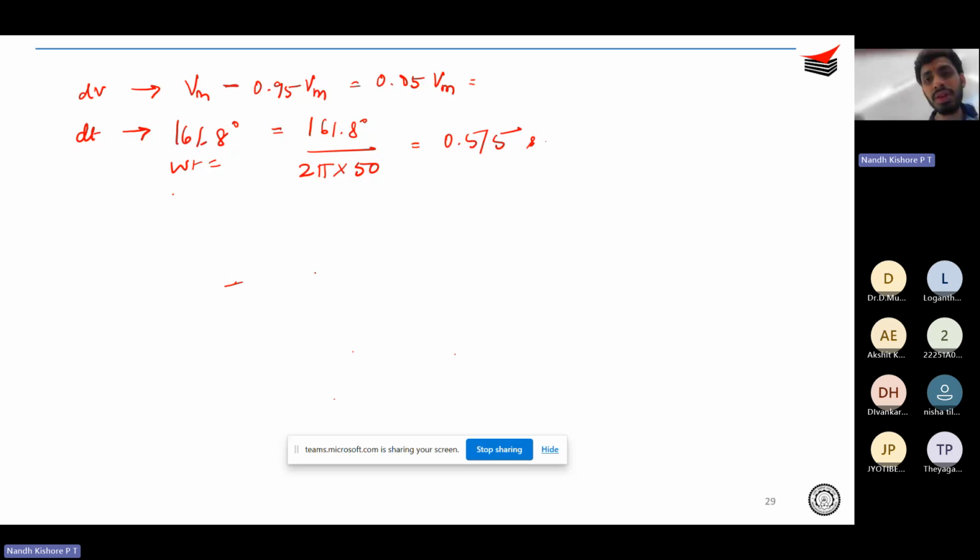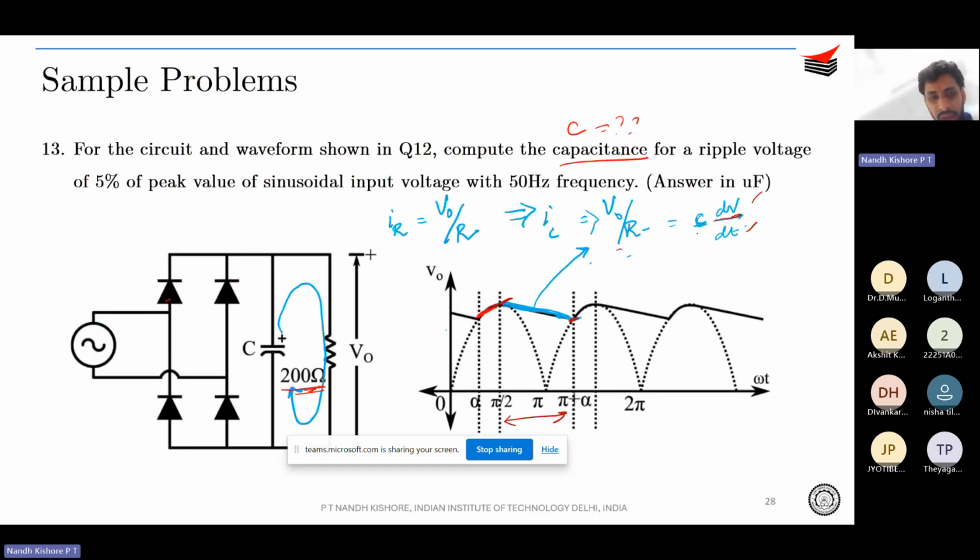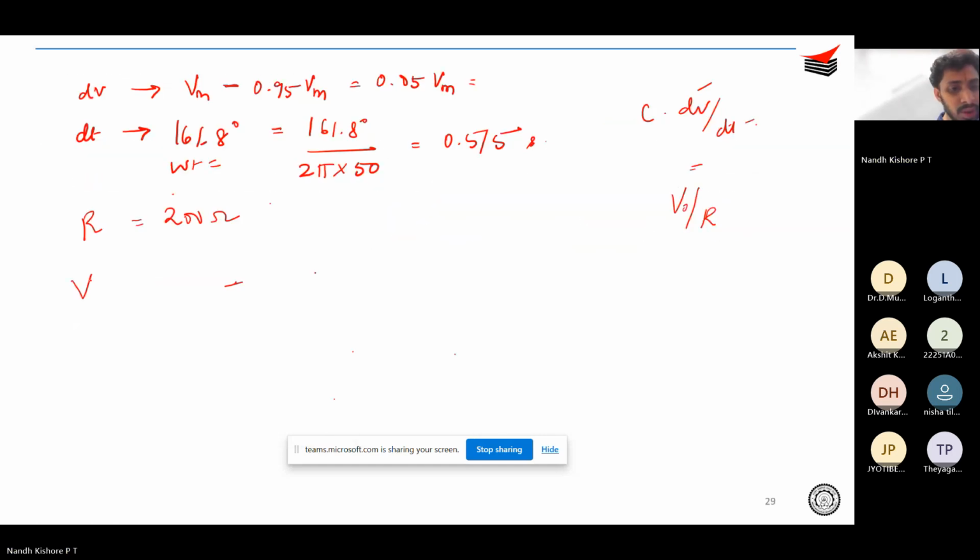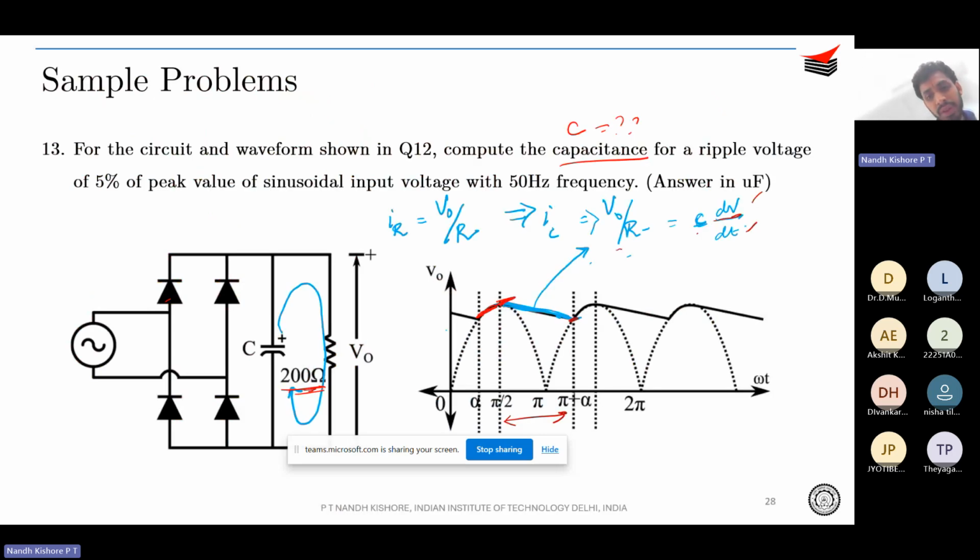You know dV. So in C dV by dt, you know dV and you know dt, and that is equal to V naught by R. R has been given as 200 ohms in the question. You don't know V naught, since it is changing from Vm to 0.95 Vm. So we can consider the average value.